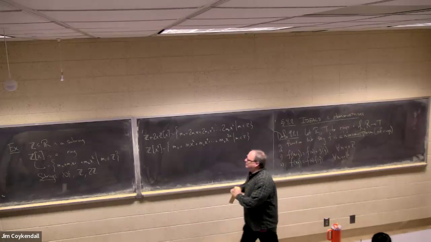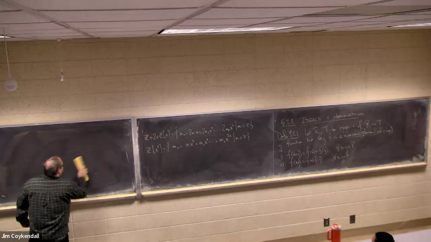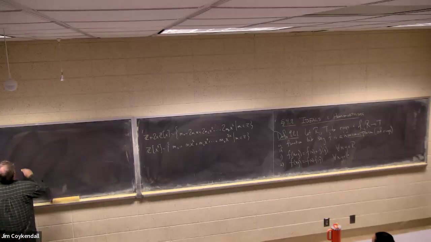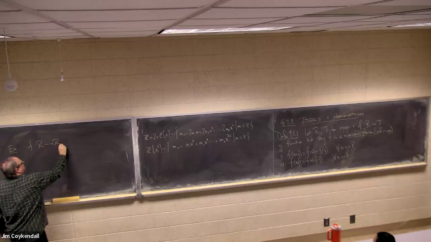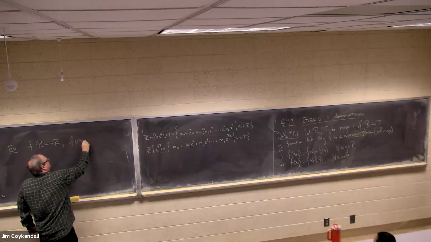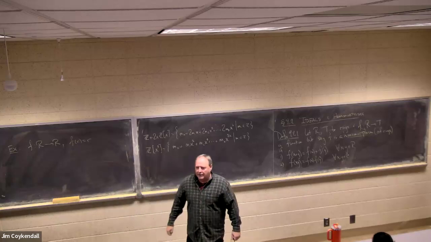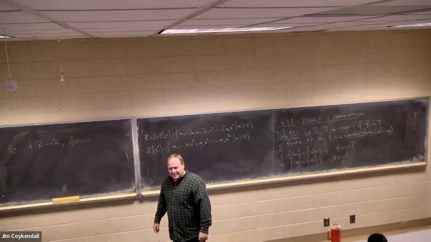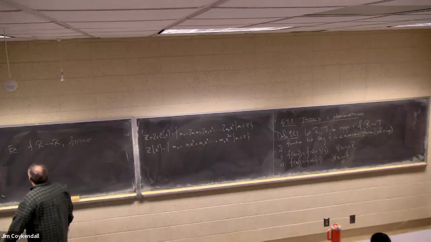So let me give you some examples. You should check details on some of these. The identity function from any ring to itself is a homomorphism.